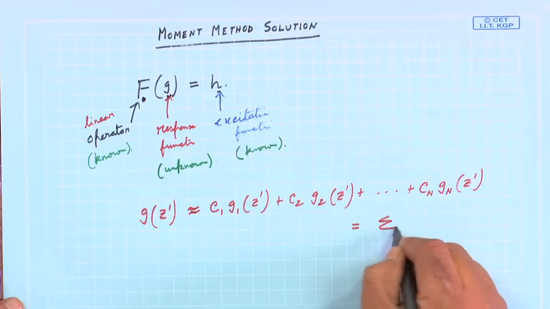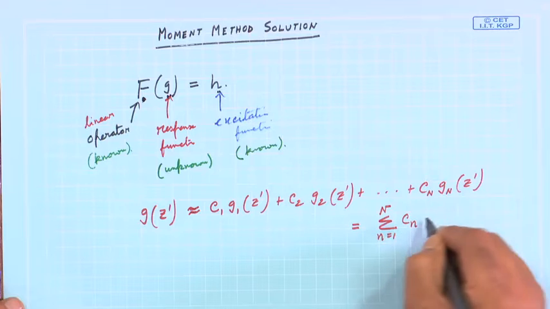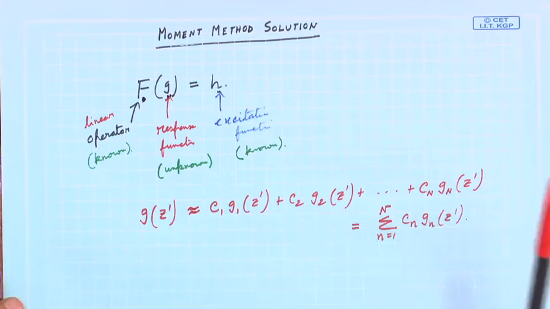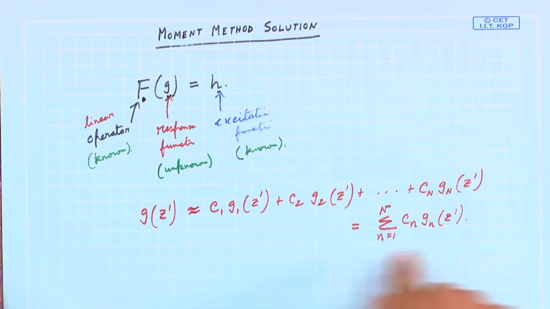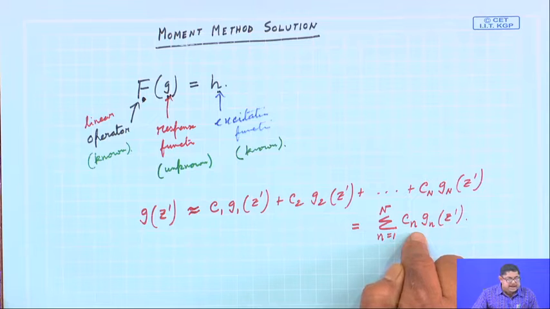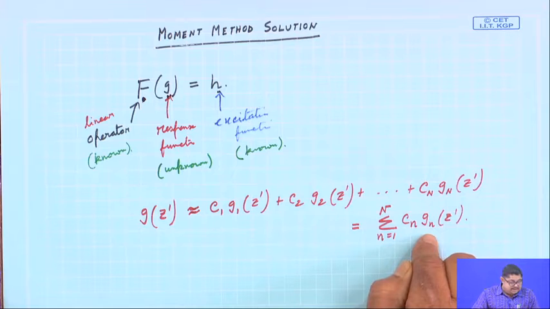So, I can write it as n is equal to 1 to capital N, C n g n z dash. So, the unknown response function is expanded as a linear combination of n terms. Now, each C n is an unknown constant, but each g n z dash is a known function.